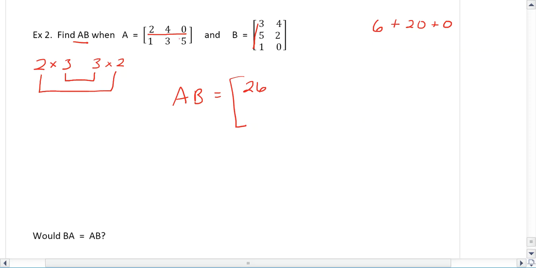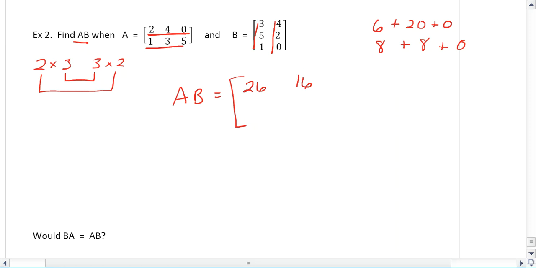Now to find this other entry in the top row, we're going to take this row times this column. And here's my thinking bubble over here. 2 times 4 is 8, plus 4 times 2 is 8, plus 0 times 0 gives me the second entry of 16.